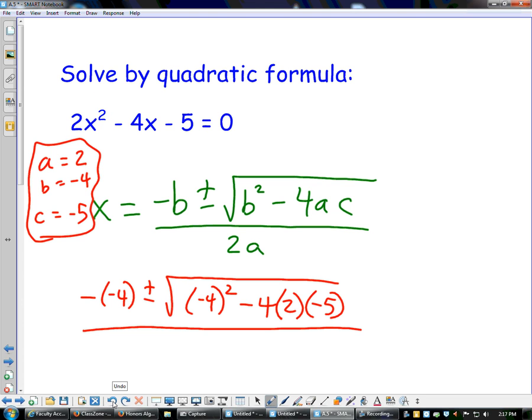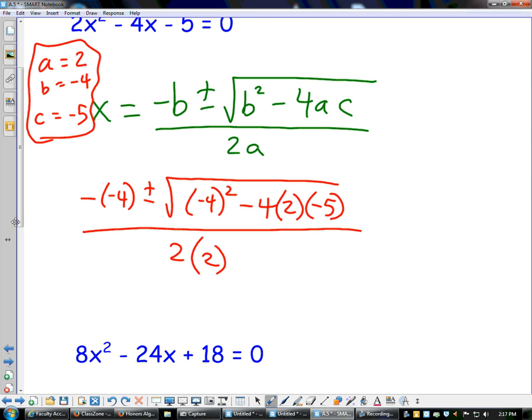It's all over 2a, so that's all over 2 times 2. All right, and to solve this, we would get positive 4 plus or minus the square root of 16 minus 8 times a negative 5. I think that's a positive 40. 16 plus 40, okay, and that's all over 4.